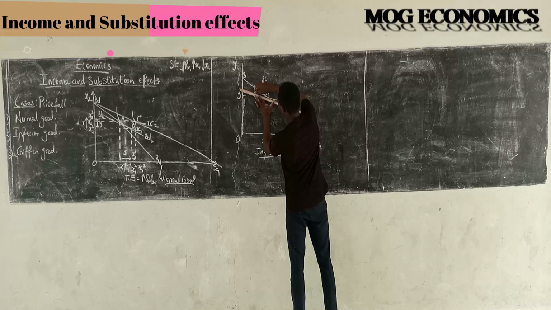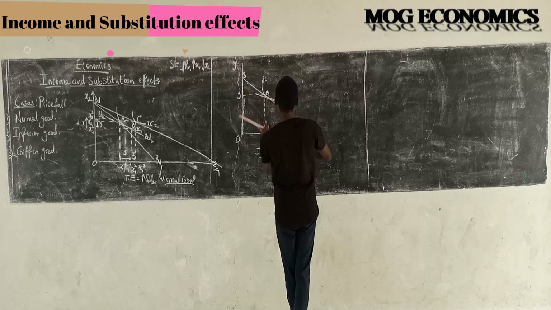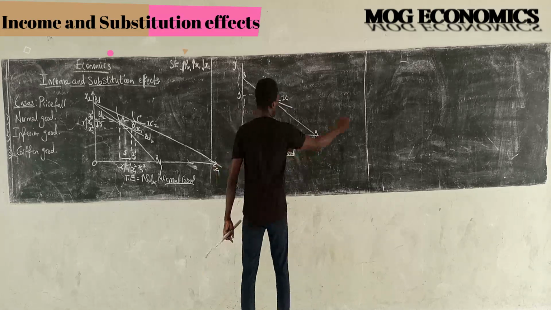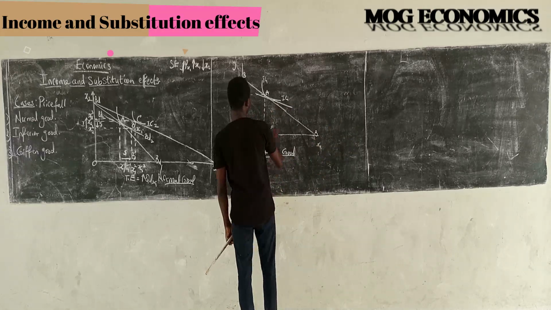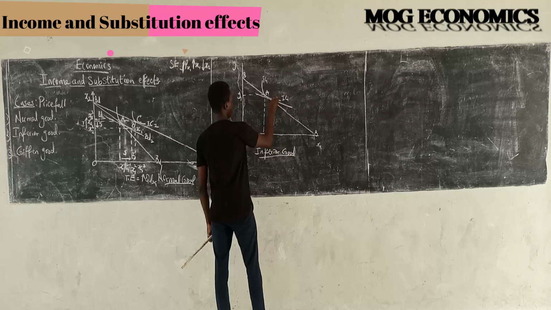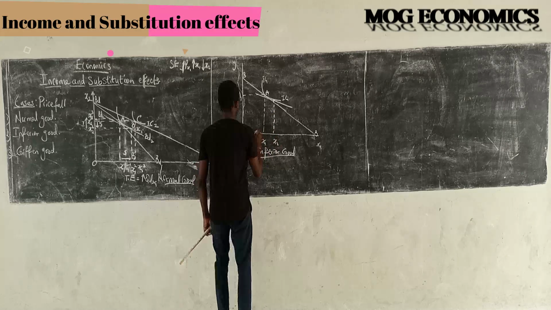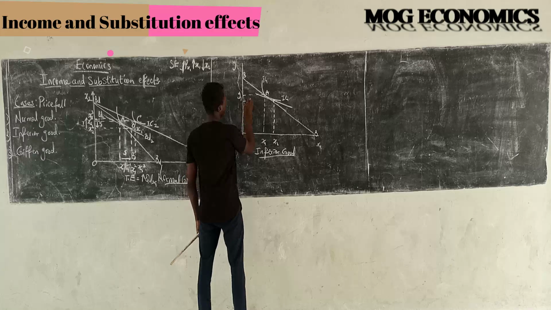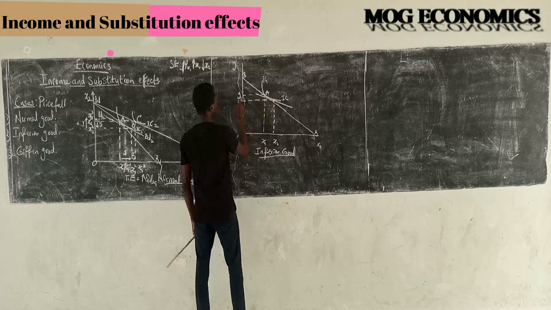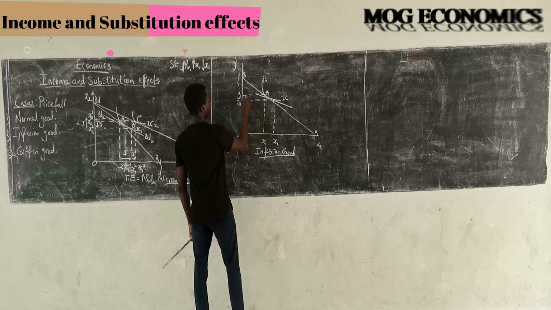Okay. So this is the point we have. So this is x2, and then we are here. This is y2. So substitution effect is saying buy less of this product.